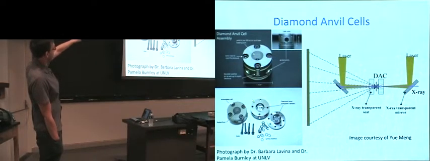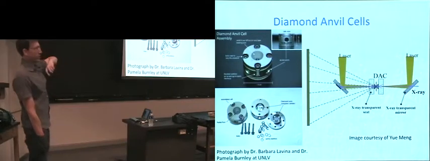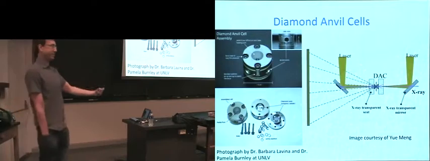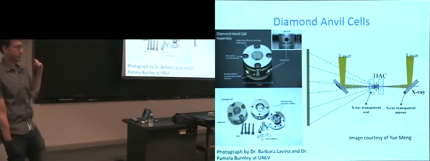This is the entire thing. The diamond seat in here has this small hole, and in this kind of a setup, people shine X-rays through it at a $1 billion-ish facility, using lasers to heat the sample up, so that we can try and get basically a single data point, because this lets you put in one experimental composition.